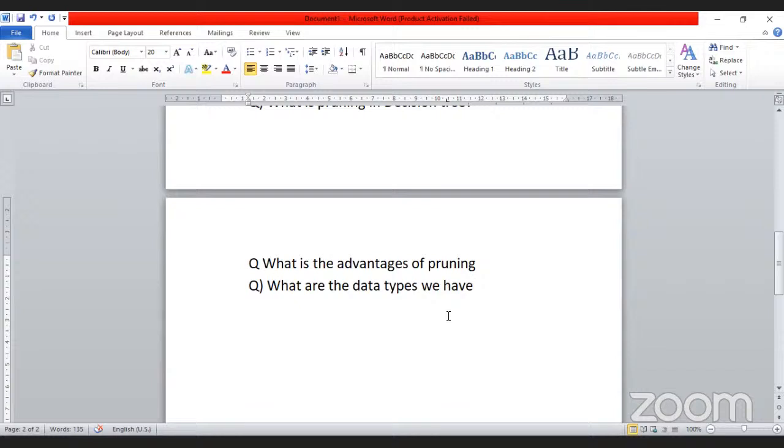We have some kind of order there. That means ordered data. So how many types do we have? Two main types, numeric and categorical. In numeric, we have continuous and discrete, and in categorical data, we have nominal data and ordinal data.